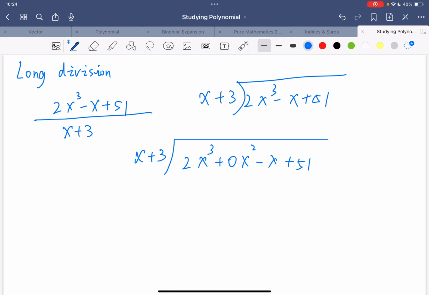Now let's do it. And please remember, you should always make this coefficient equal to this coefficient at the start.